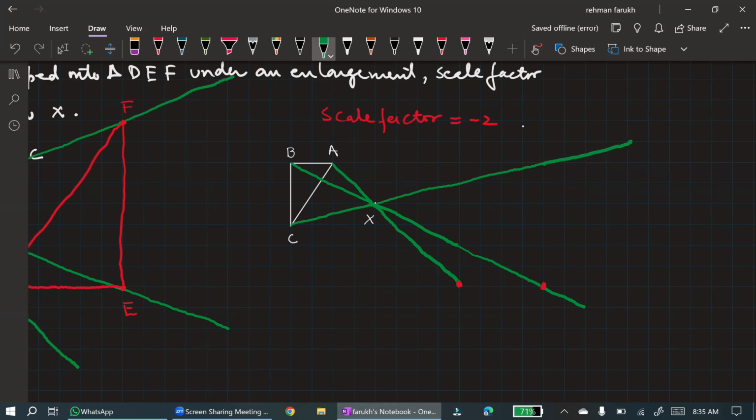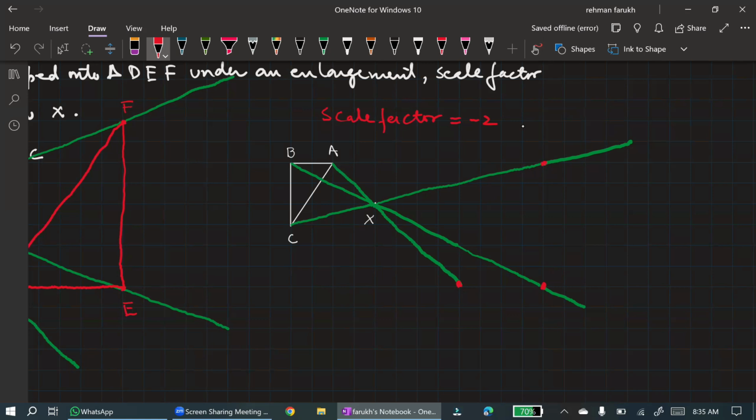Let this distance be 3. We will multiply this distance with 2 and mark the distance 6 from X on the other side. This one.